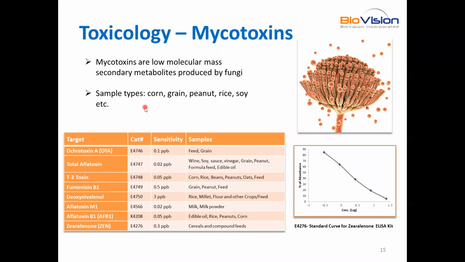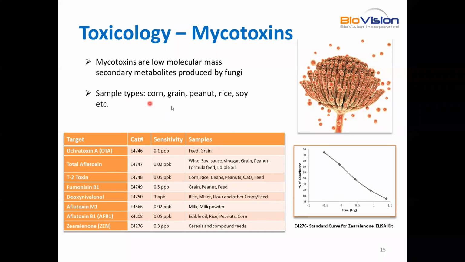Some of the agriculturally important mycotoxins are aflatoxins, fumonisins, and OTA, ochratoxin. These are very agriculturally relevant toxins that are a real issue in the field of agriculture. This is the list of the top-selling products in this category.